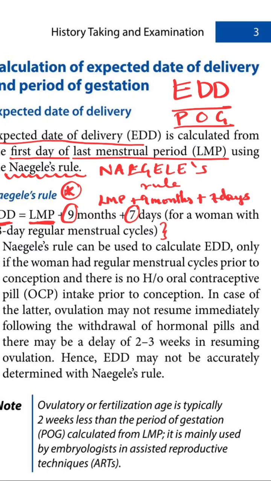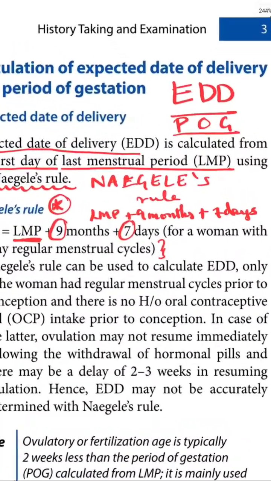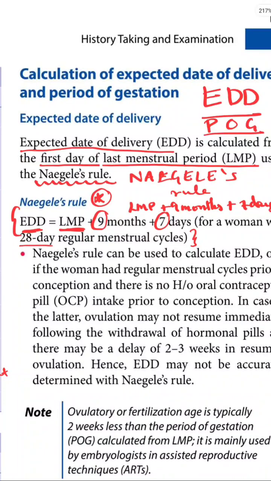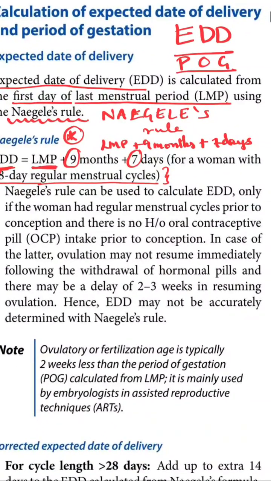But remember, this Naegeli's formula is applicable only to 28-day regular menstrual cycles. Only in a regular 28-day menstrual cycle is LMP plus 9 months plus 7 days applicable.